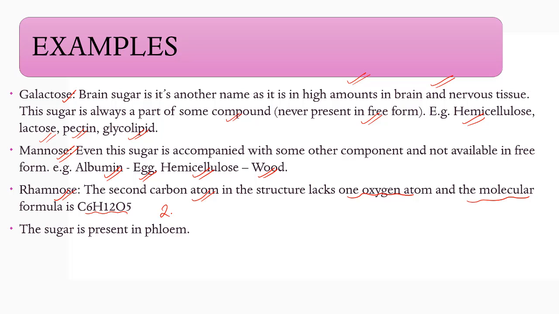So it is also known as 2-deoxy. The sugar is present in phloem. Mannose is present in albumin, egg, hemicellulose of wood. Galactose is present in brain and nervous tissue: hemicellulose, lactose, pectin, glycolipid.